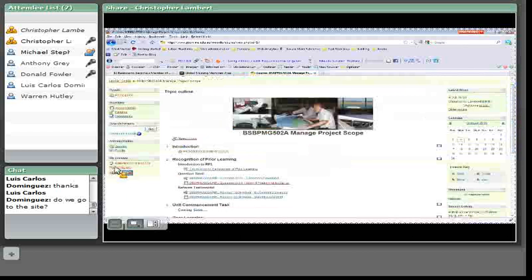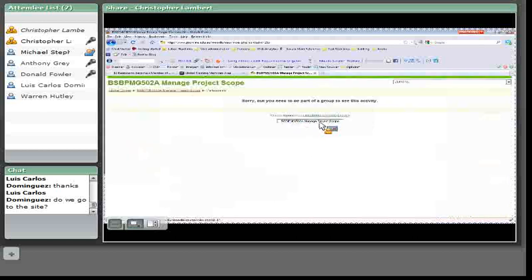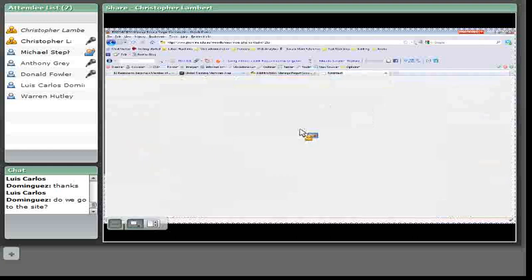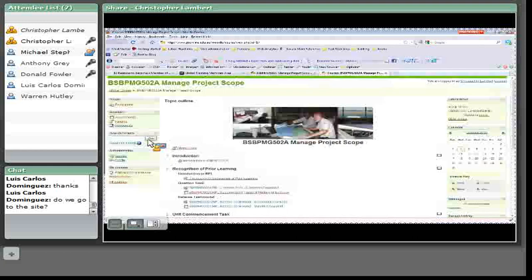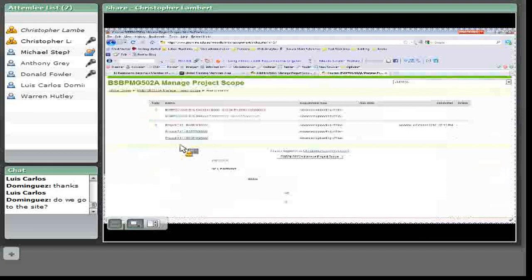On the left-hand side, we'll be able to see who is participating at any one moment. You will see the activities, the assignments. Let me show you assignments.